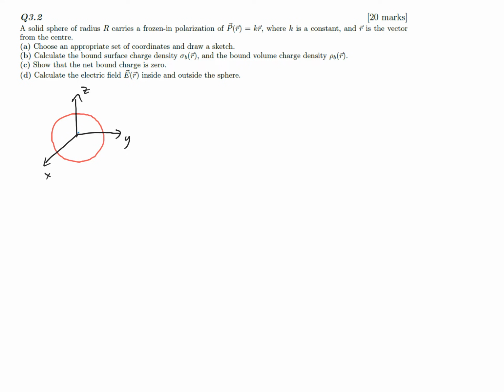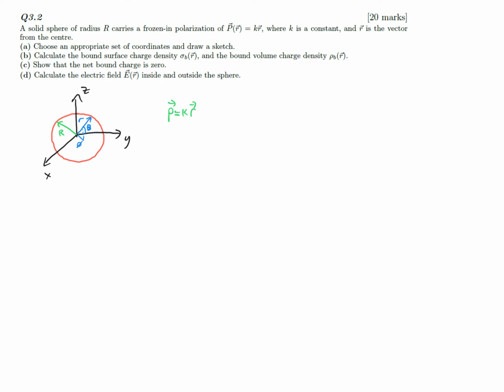So we would have r, theta and phi angles and radius here to describe our system. So that's the kind of setup we want. The sphere itself is of radius capital R, and we have a polarization P, which is some constant K in the r direction. So that's all nice and simple.